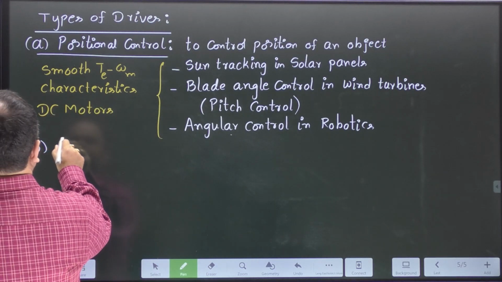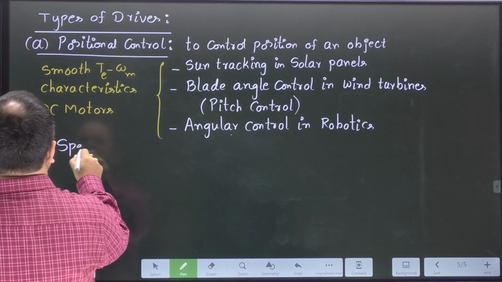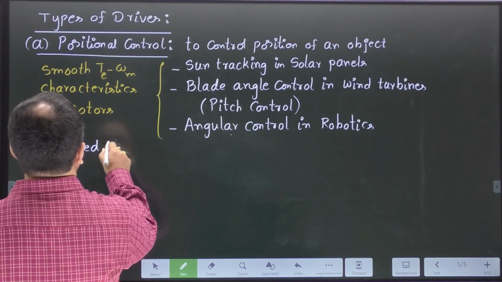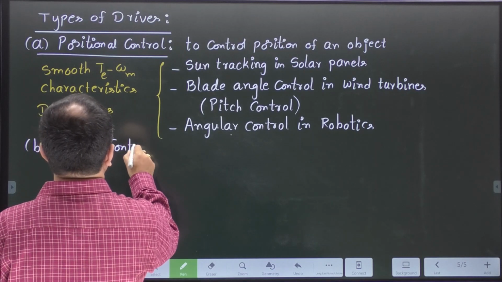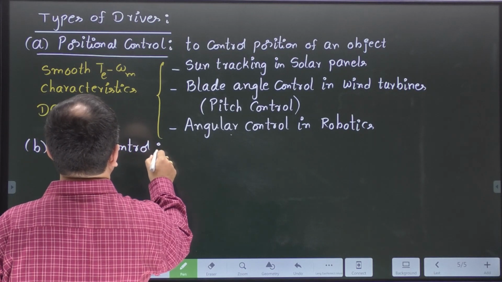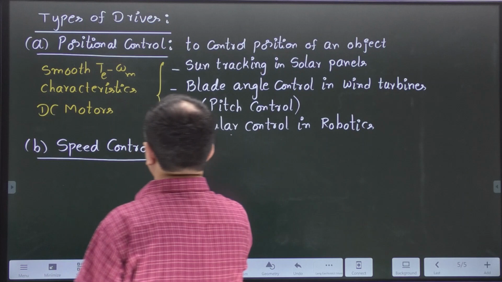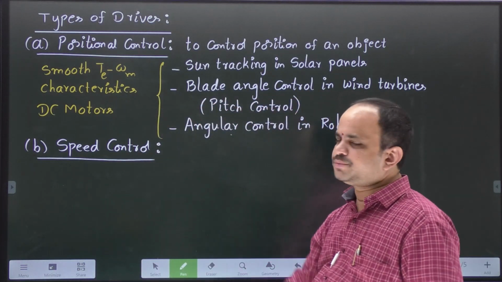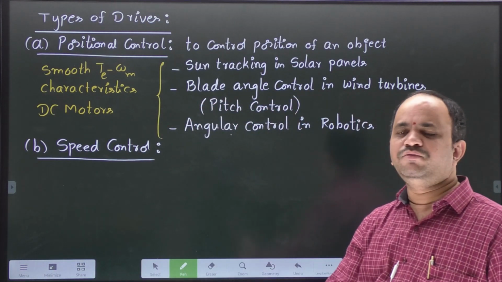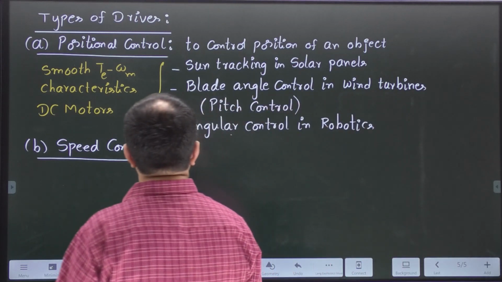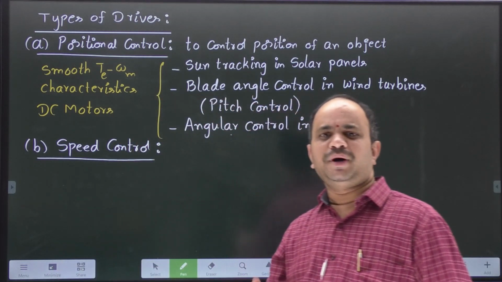Now, the second basic type of drives is speed control. We need not have specific examples, you might understand easily. The best speed control applications we use daily are fan type controls and pump type controls.